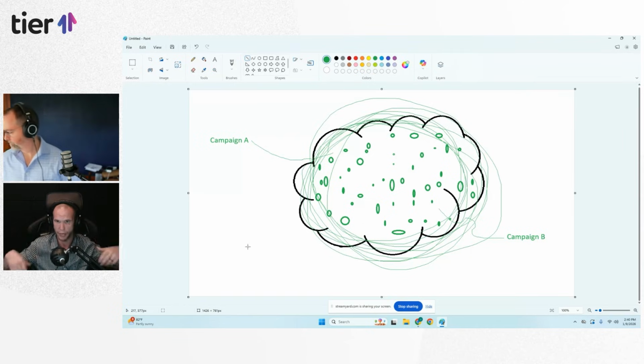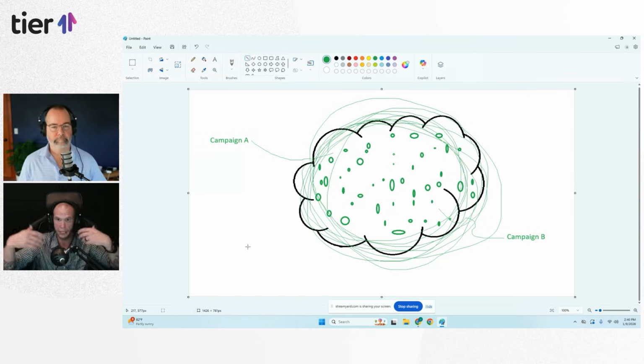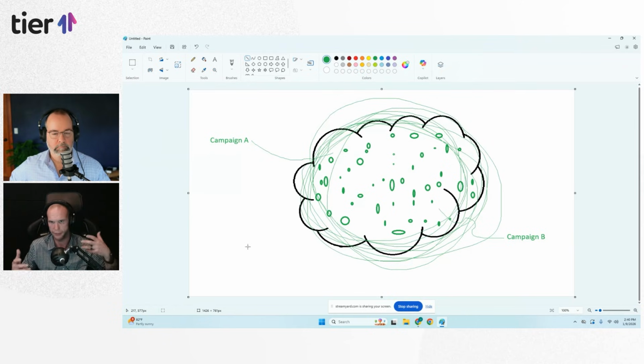Right? You click on a shoe ad, you're going to get shoe ads. You click on a bicycle ad, you're going to get bicycle ads from everyone.